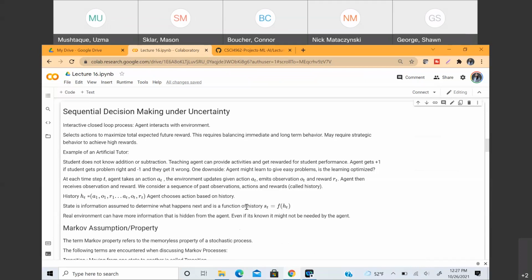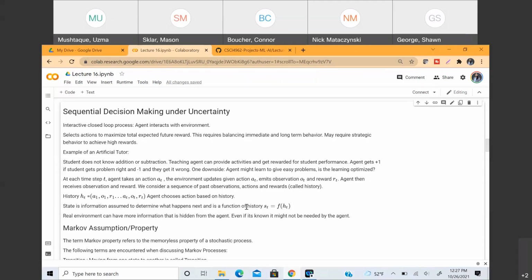I don't know the entire course of actions and the rewards that it might get based off of its actions. So what we do is we try to model this process involving some uncertainty. I'll come to that: we use something known as the Markov assumption or Markov property. I'm sure you might have come across this term before, and we utilize that to model reinforcement learning.